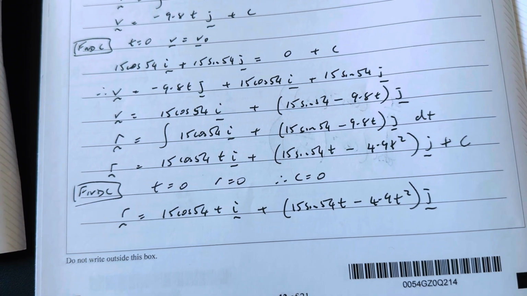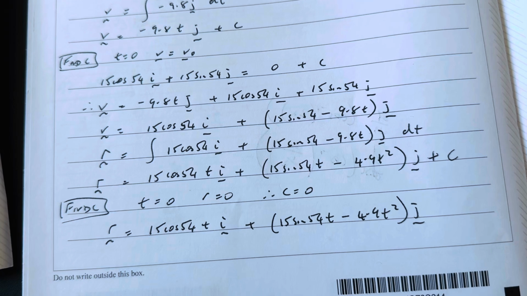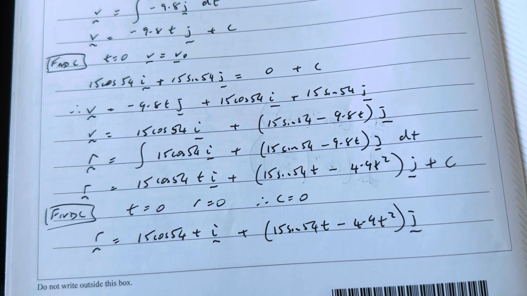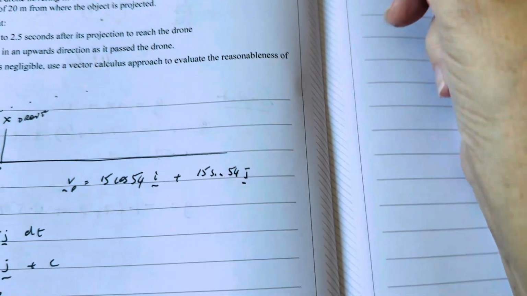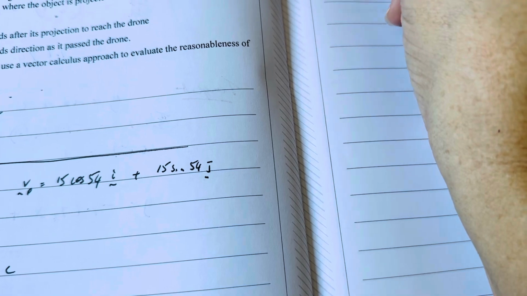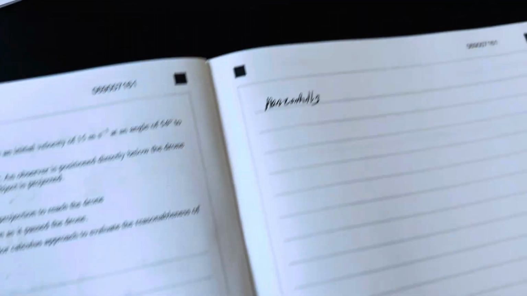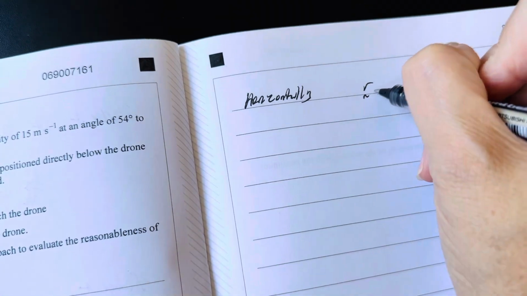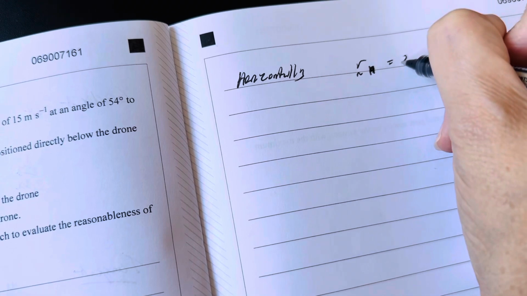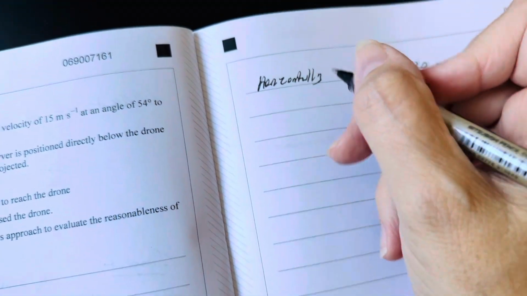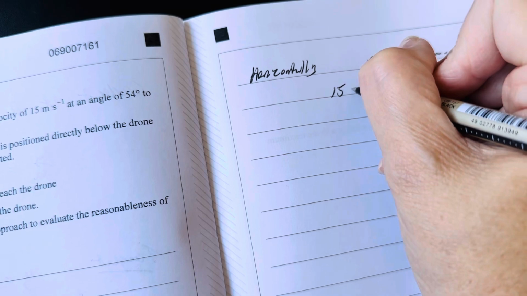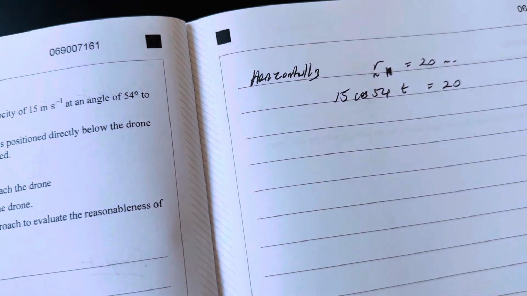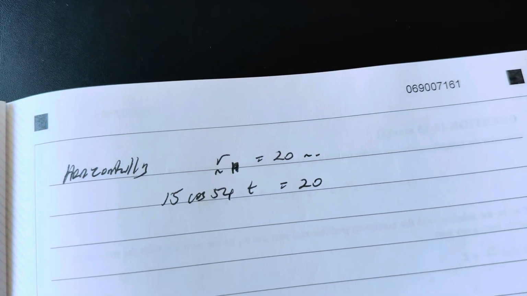All right, first off, what do we know? Well, we know the drone is 20 meters out horizontally. So I'm going to talk about horizontally first. We're going to look at when the horizontal r is 20 meters. So that means 15 cos 54 t equals 20. So we're actually going to get our time.